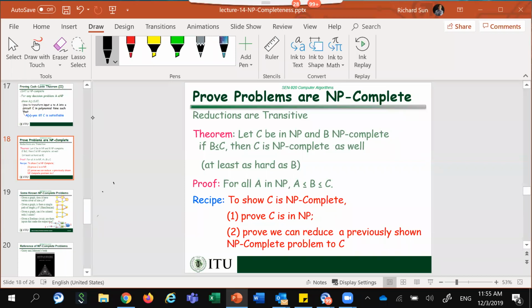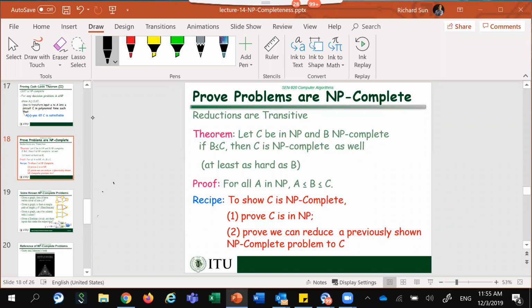Therefore, for all problems A in NP, A can be reduced to B. Now if B is also reducible to C, then all problems A can be polynomial time reducible to C. That means C is at least as hard as all the NP problems. So that gives you the proof. C must be NP-complete as well. All the problems in NP can be reduced to C, then C is NP-complete.